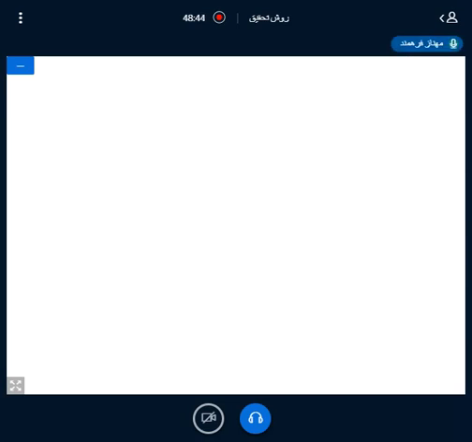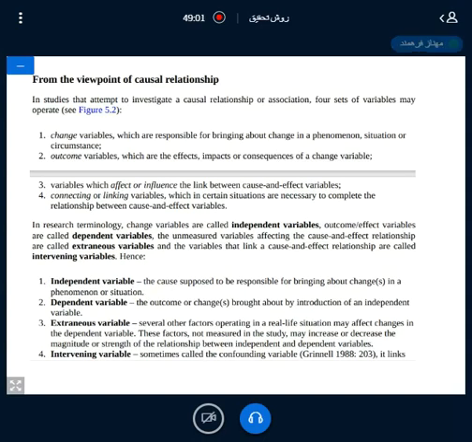And now you can see from the viewpoint of causal relationship, in studies that attempt to investigate a causal relationship or association, sets of variables may operate: 1. Change variables and 2. Outcome variables. Yes, important, but just for understanding the concepts.